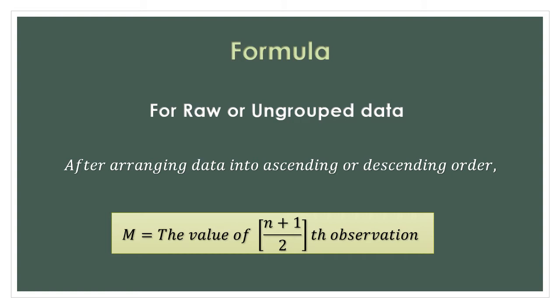Whatever is the number of observations which we get, we can either start from the beginning or we start from the end. We calculate that number of observations, and when we reach this median number of observations, the value of that observation is our median. I will explain this concept through illustrations, but let me just complete with the list of formulas first.